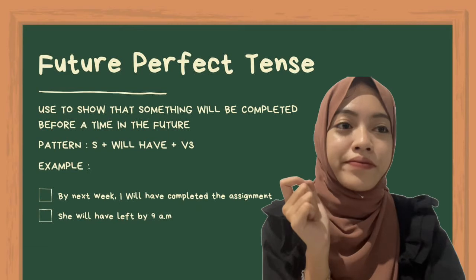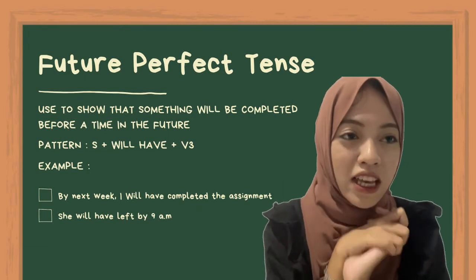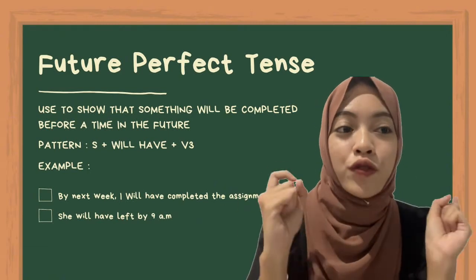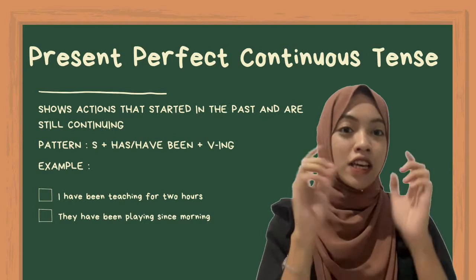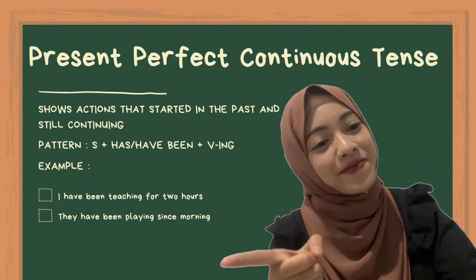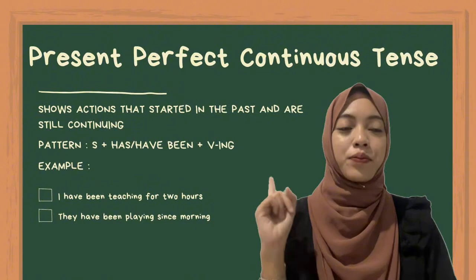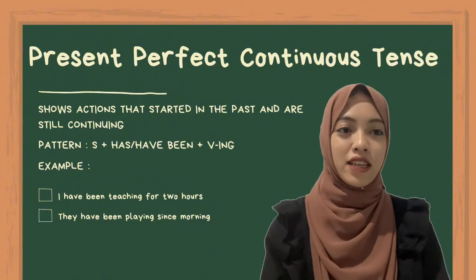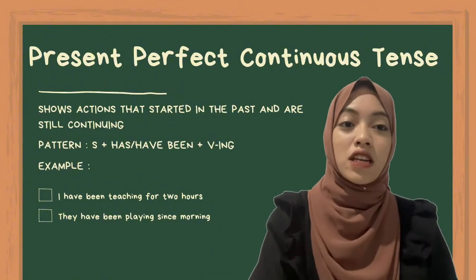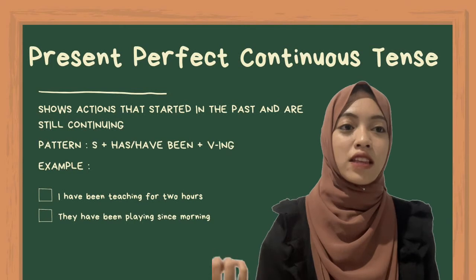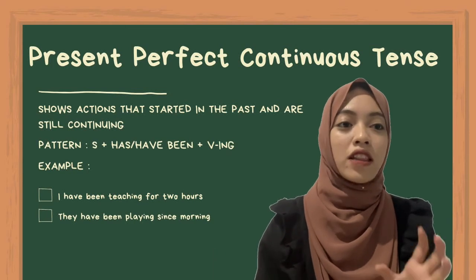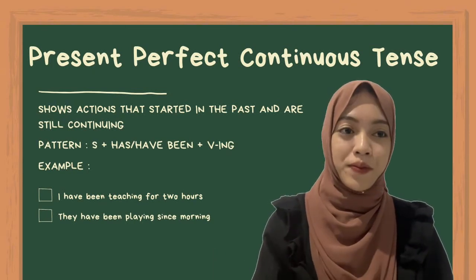For this tense, so we move to perfect continuous tenses. The first is present perfect continuous tense. This tense shows an action that started in the past and is still continuing.